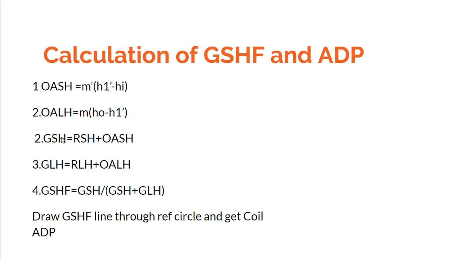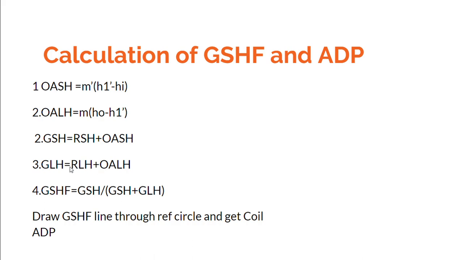The grand sensible heat can then be calculated as room sensible heat plus this outside air sensible heat. Remember this term: outside air is the fresh air or ventilation air, and room load is the room sensible heat. So room sensible heat plus outside air sensible heat would be grand sensible heat. Similarly, you had calculated outside air latent heat plus the room latent heat, which is obtained from the load calculations.